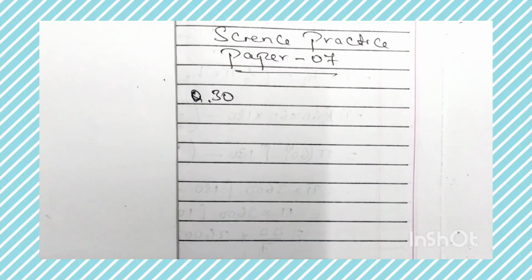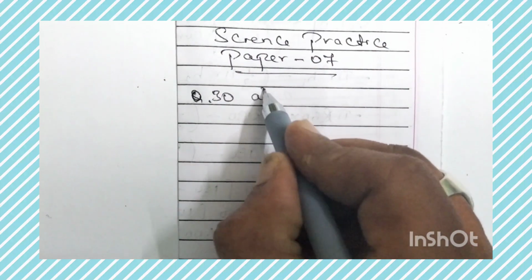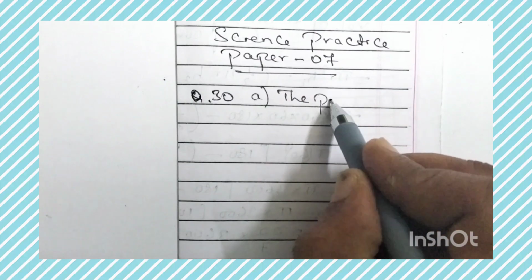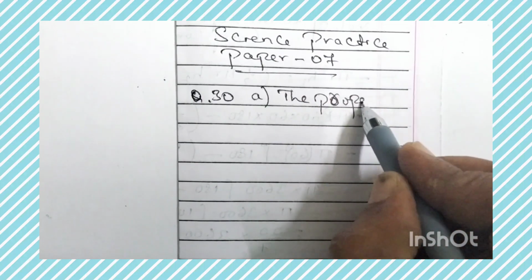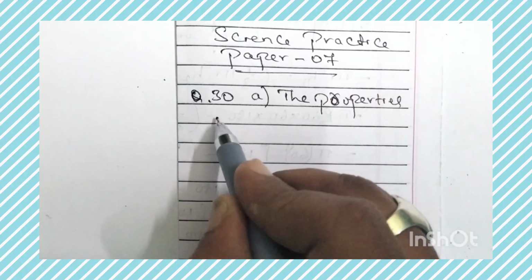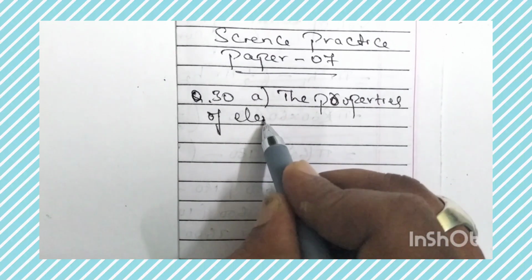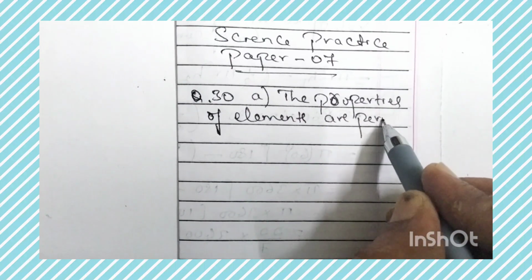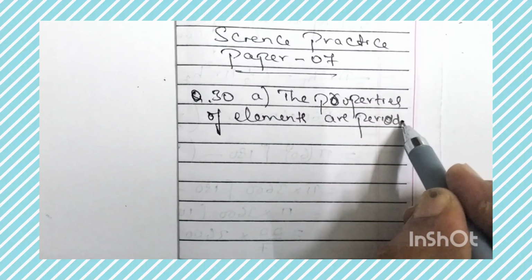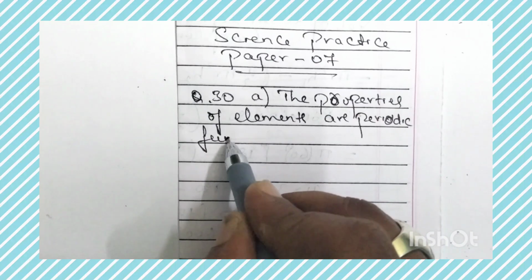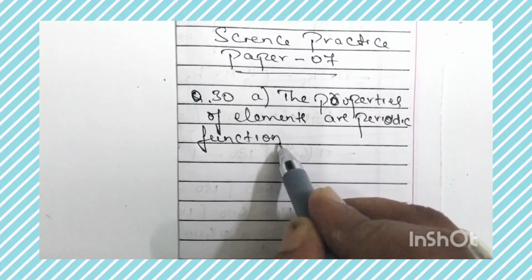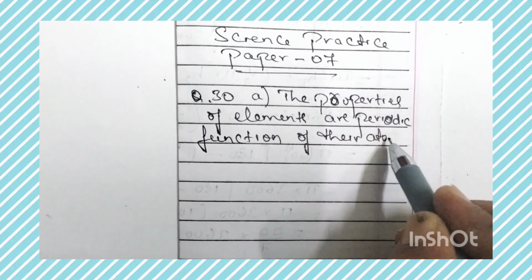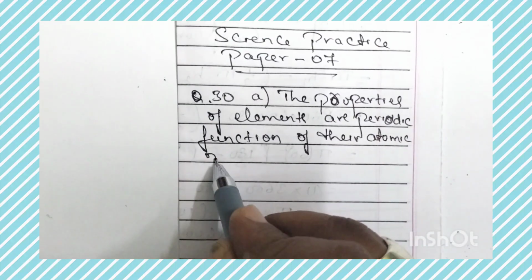ಅದರೊಳಗೆ ಮೊದಲನೇ ಕ್ವಶನ್ಗೆ ಆನ್ಸರ್ ಮಾಡೋಣ 30A ಸ್ಟೇಟ್ ಮೆಂಡಲೀವ್ಸ್ periodic law. So Mendeleev's periodic law states that the properties of elements are periodic function of their atomic masses.